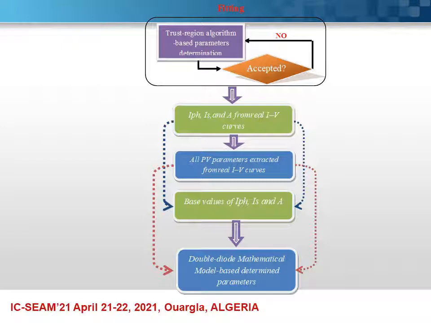If the errors are accepted here using the MATLAB environment, the remaining five parameters are determined, which are the photocurrent, saturation currents and ideality factors from real IV curves. And then we calculate the base values of all those parameters to give the simplified double diode mathematical model-based determining parameters.